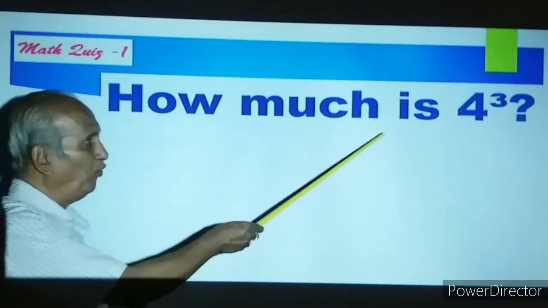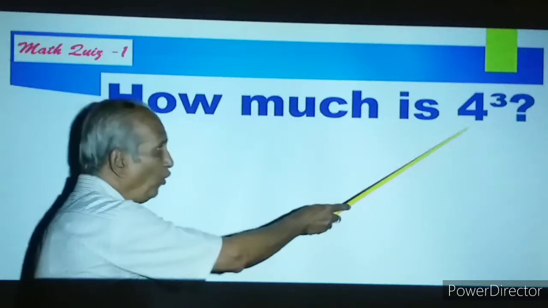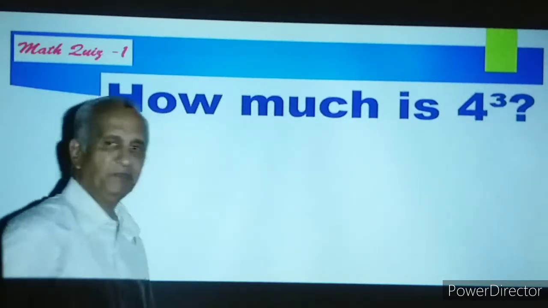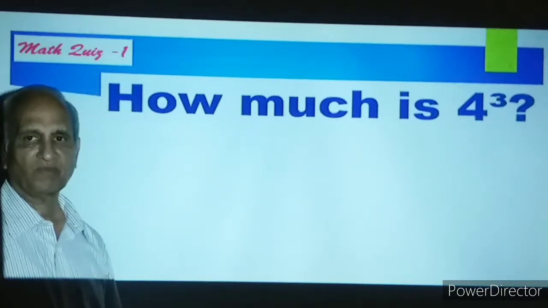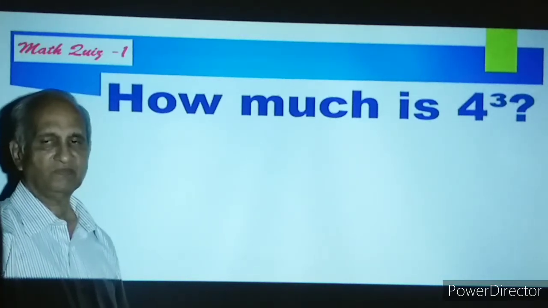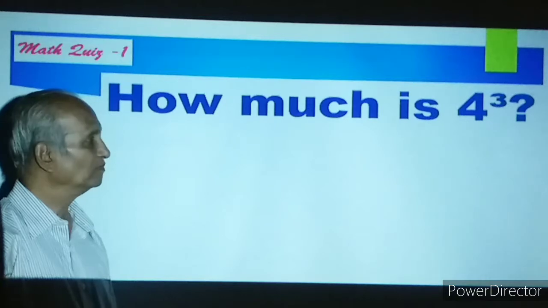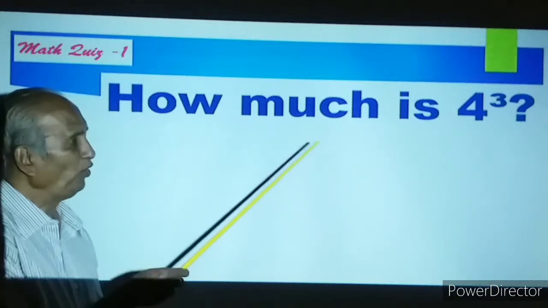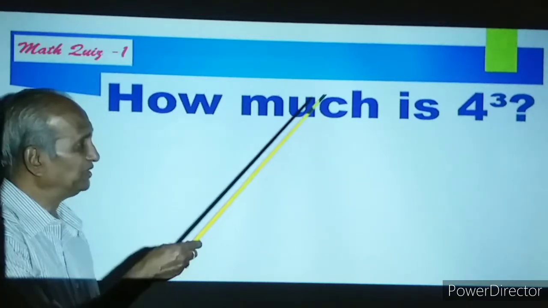How much is 4 cubed? It is 4 raised to 3.